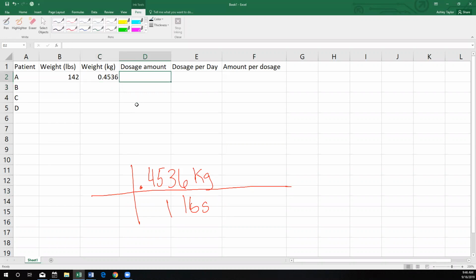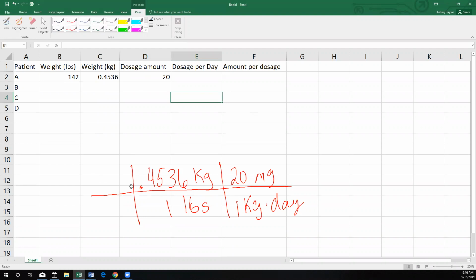Okay, so now dosage amount is the 20, because here I had the 20 milligrams in kilograms days, 1 day. So now I'm going to place 20 in here.